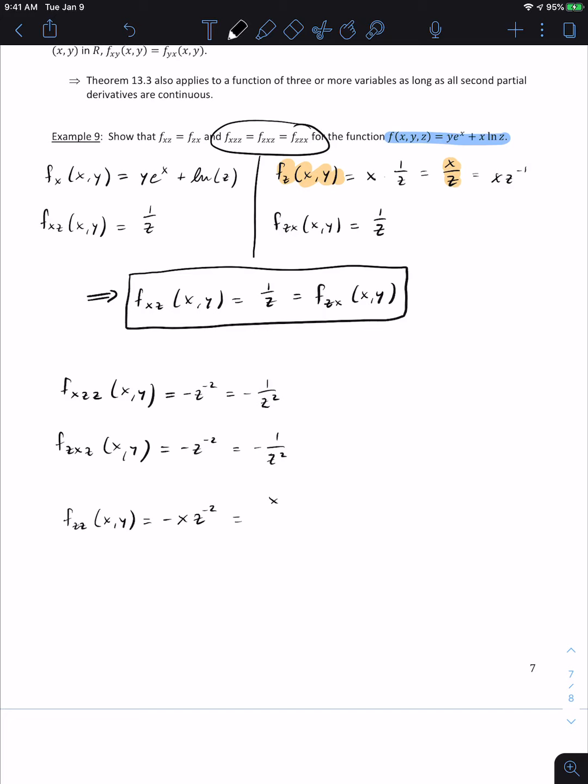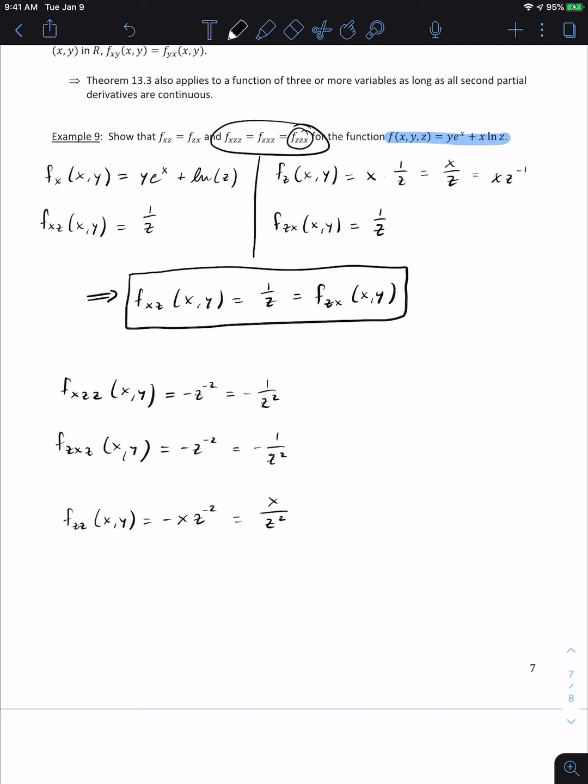So this looks like negative x over z to the negative 2, or negative x over z squared. So now I know the second partial derivative with respect to z.